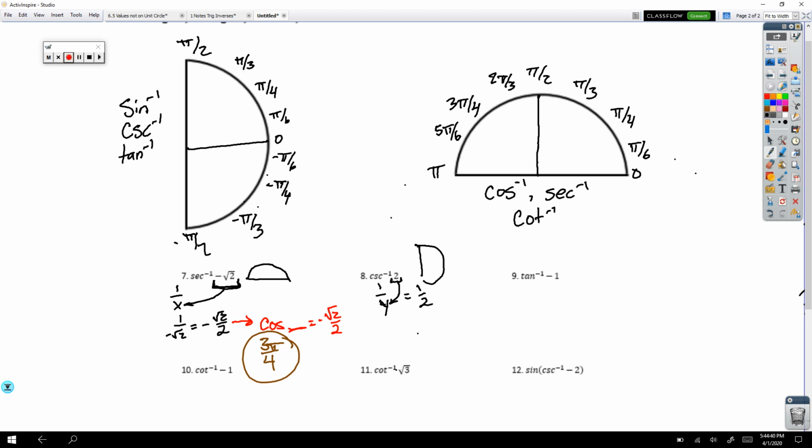So what I'm really finding here is the sine of what angle measure is going to give me a y value of 1/2. Looking at my vertical half circle, I'm positive, so I'm in quadrant 1. Y equaling 1/2 deals with my pi over 6s again. So in quadrant 1, my answer here is just going to be pi over 6.